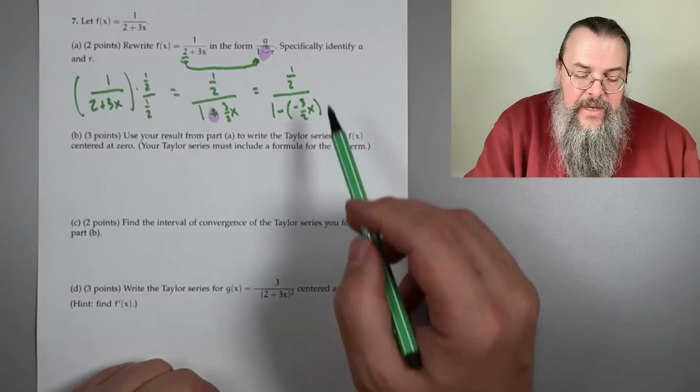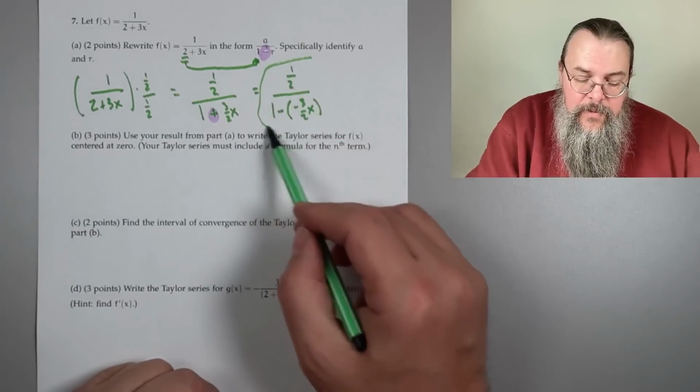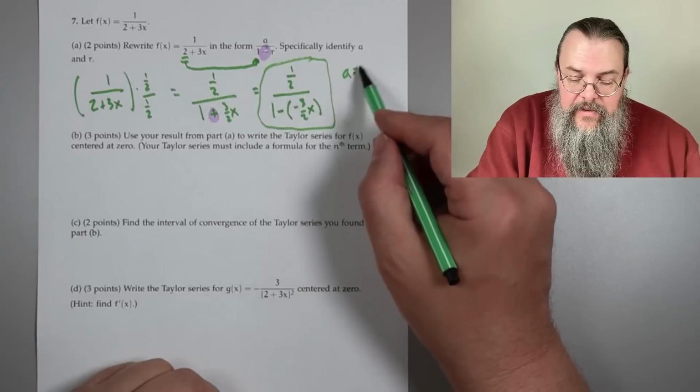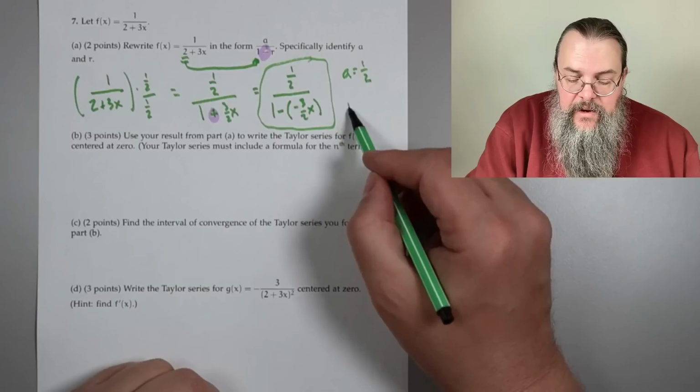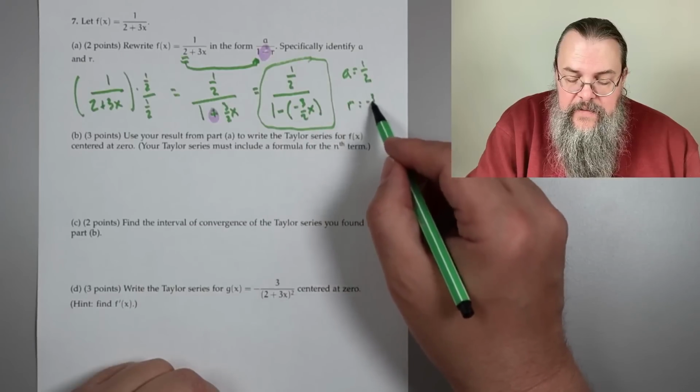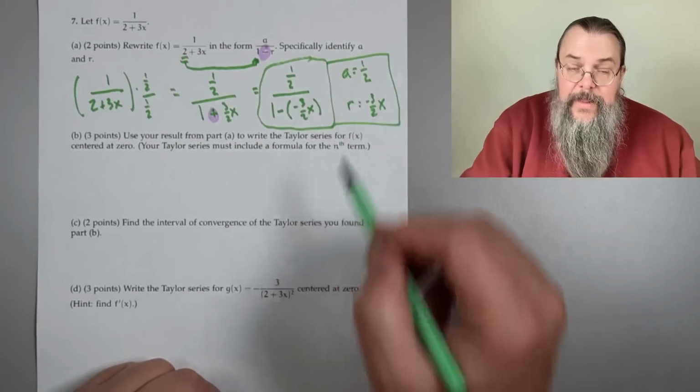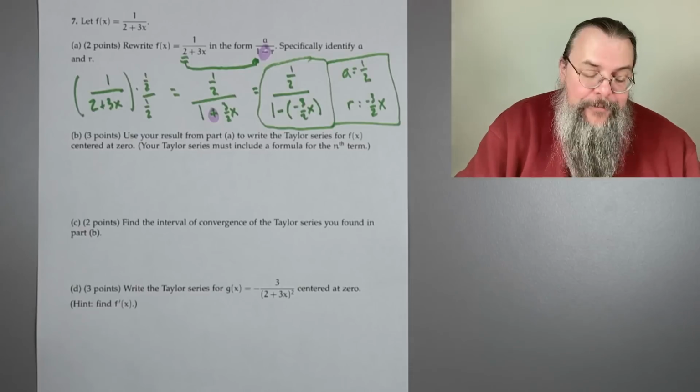And so here's the form, and it says specifically identify a and r. So a is this top part, 1/2, and r is this part, negative 3/2 x. All right. That's part A.